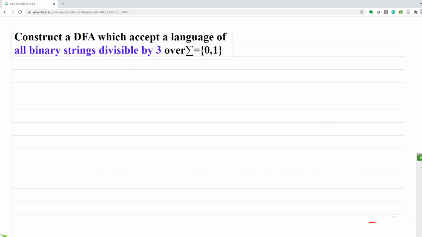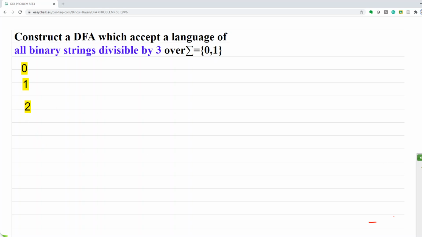So the next question says all binary strings divisible by 3. So whenever such a question comes, what you have to do is find the possible remainders. Since it is divisible by 3, you get the remainder as 0, and for the next it is 1, and for the next it is 2.